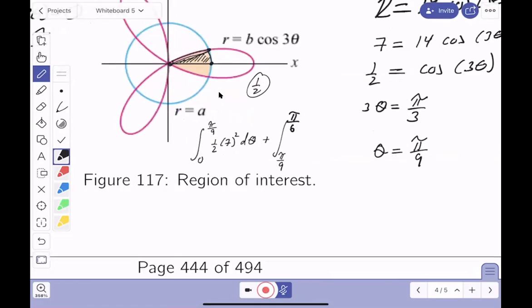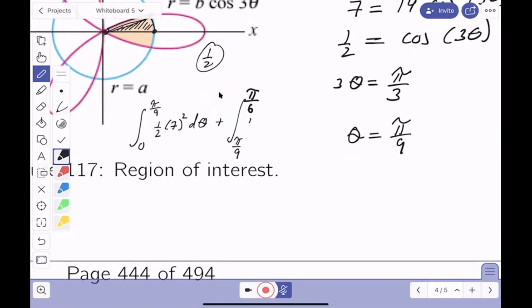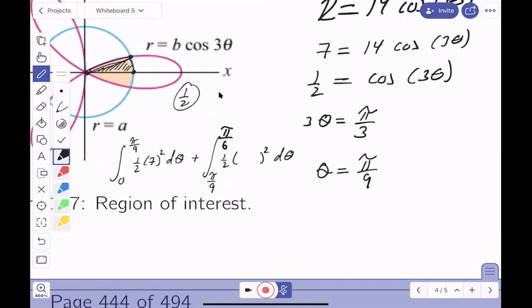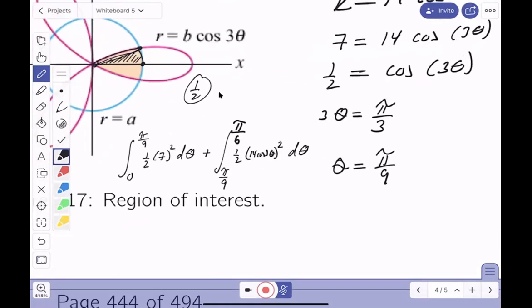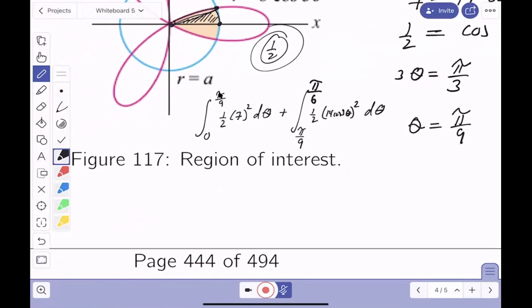All right, I got to write this down now. 1/2 r squared d theta. What's the r? 14 cosine 3 theta. This is only half of it. Once I get the number, I must double that.